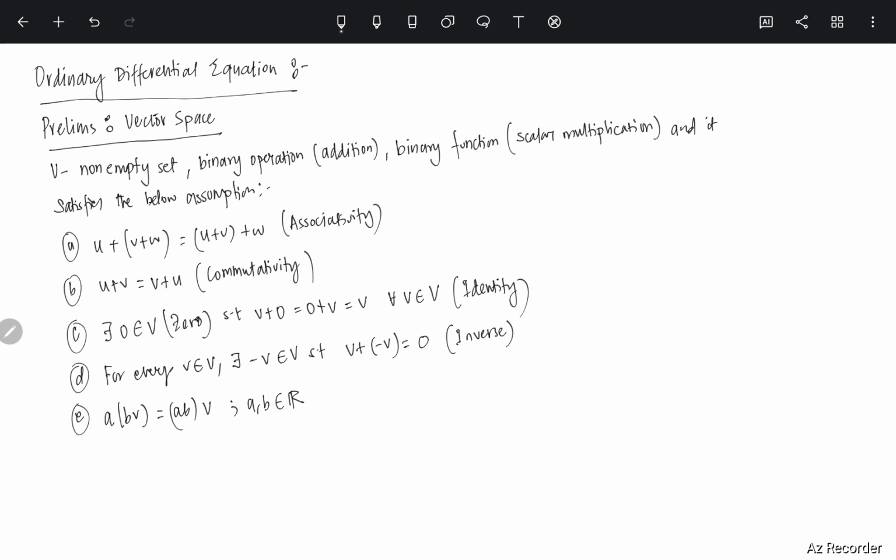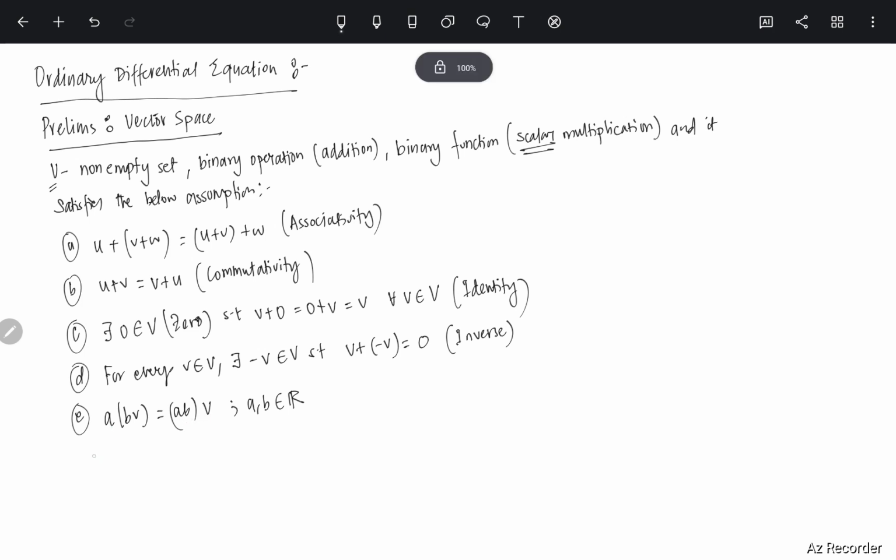For this course, we are always going to choose the set over R. Scalar multiplication means the elements which we multiply with the vectors come from the field, so the scalars will come from R. It can come from C also, but for this course we will always consider it to be R. So BV is an element of V, and when you multiply it by A, it means AB times V.